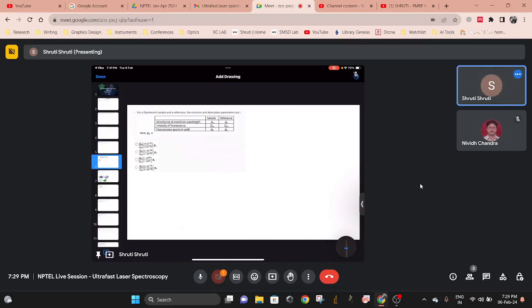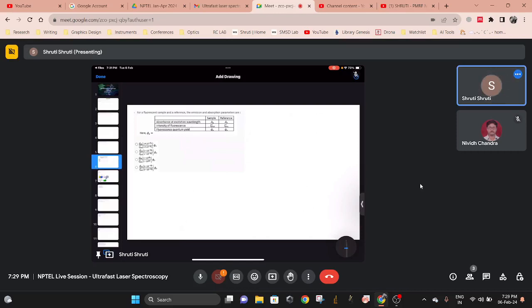The next question is: for a fluorescent sample and a reference, the emission and absorption parameters are given. Absorption at the excitation wavelength is given as AS and AR for sample and reference.